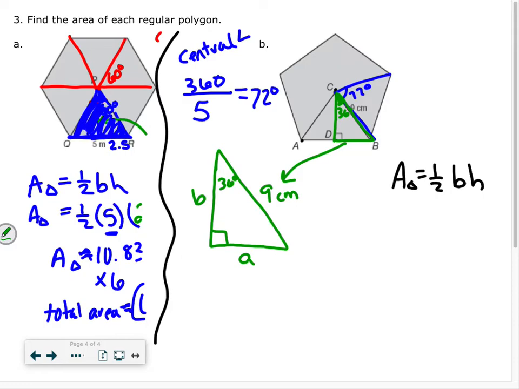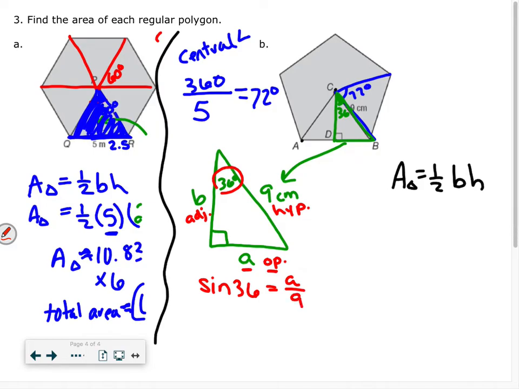We need to figure out what A and B are. Because we don't have a special right triangle, we have 36 degrees, we have to use trig here. So I'm going to label our sides: opposite, adjacent, hypotenuse. If I want to find side A first, it's opposite over hypotenuse, which would be sine. So sine of 36 equals opposite, which we labeled as A, over our hypotenuse, which is 9.